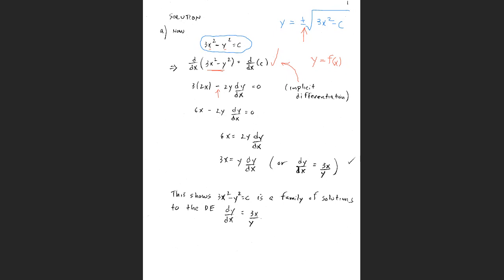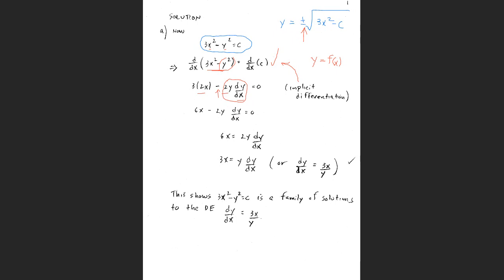The derivative of 3x squared is 3 times 2x. The derivative of y squared is 2 times y times dy/dx. Now, what special rule did we use when we say the derivative of y squared with respect to x is 2y times dy/dx?